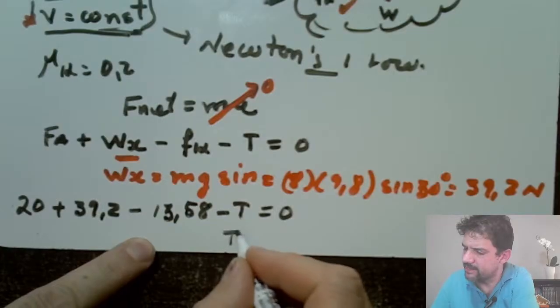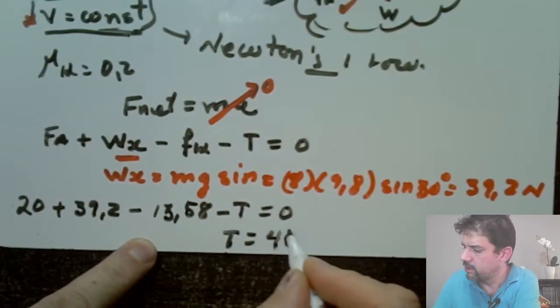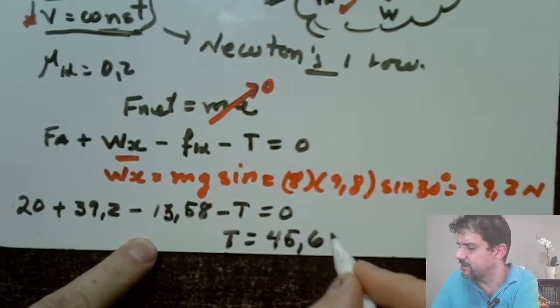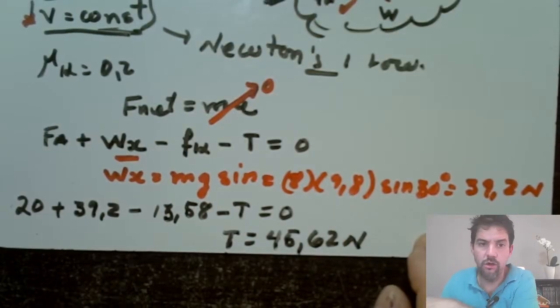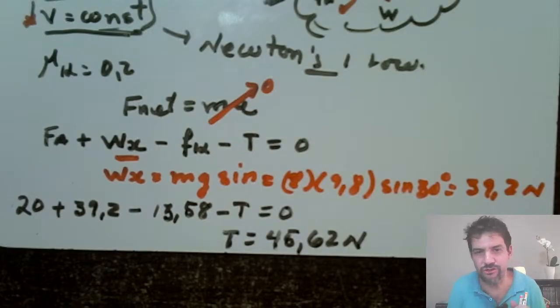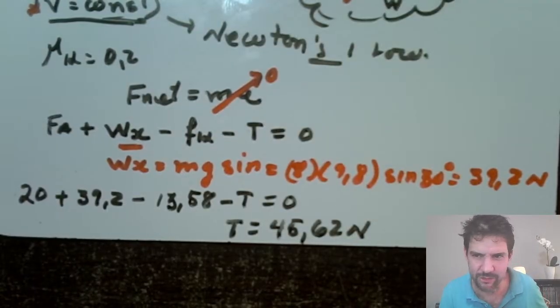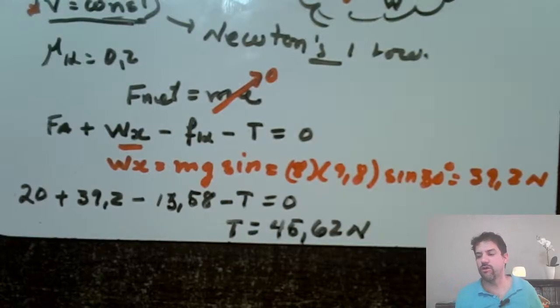Guys, I get that T is equal to 45.62 Newton. I hope I got it right, and I trust you looking at the question, and maybe you can correct me if I make a mistake. That is how we calculate tension for this question.